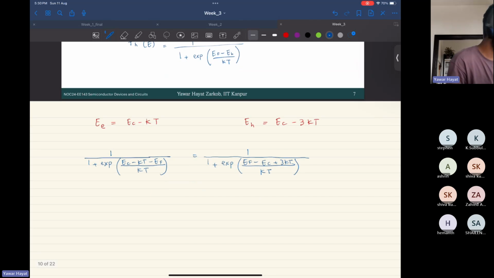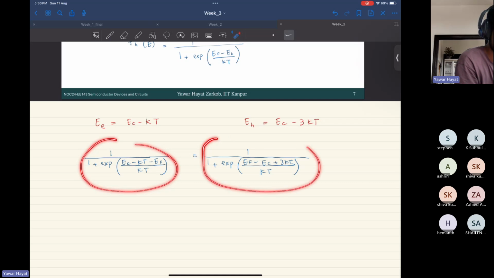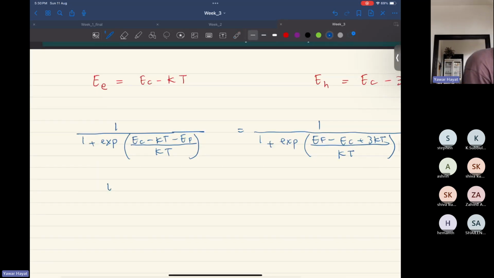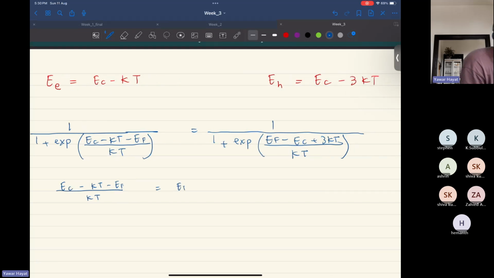Then if you take ln on both sides, if this is equal to this, then these exponential factors are equal. If you take ln on those exponential factors, you would be left with the arguments: EC minus KT minus EF by KT is equal to EF minus EC minus 3KT, whole divided by KT.